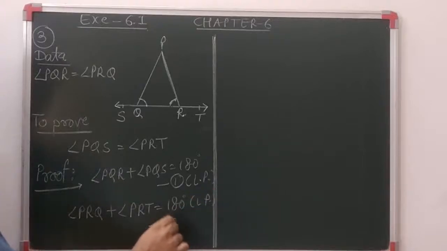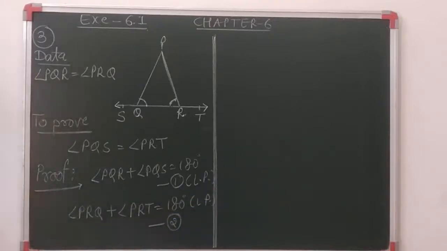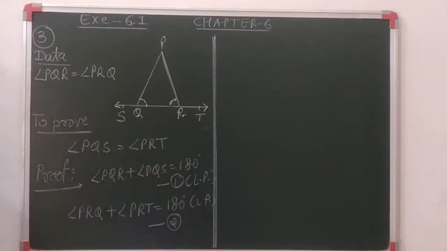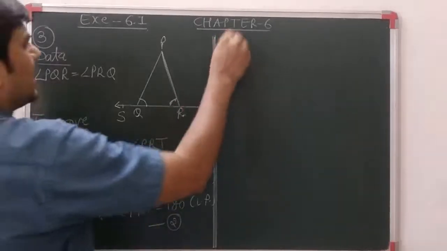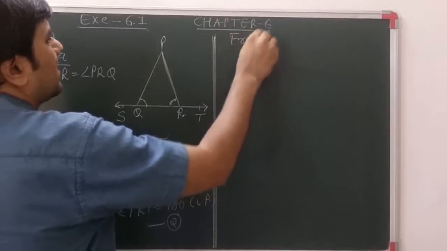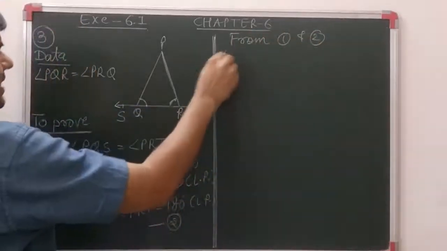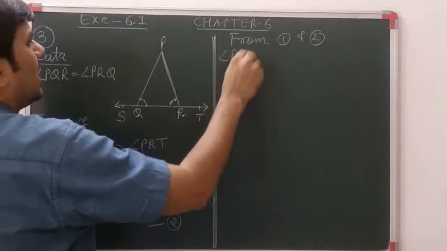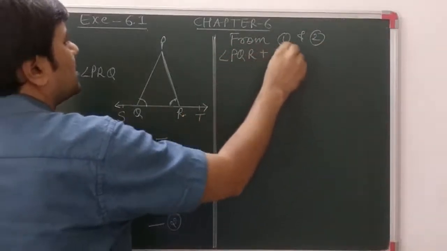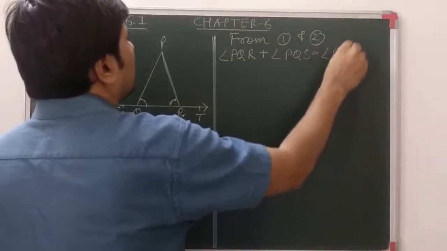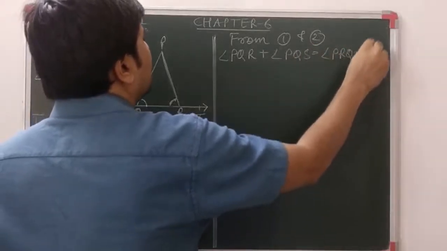I'll call this equation number 2. Look at the right-hand side of both equations. It's 180. So I'll compare the first and second equations. From equations 1 and 2, we can compare the left-hand side: PQR plus PQS is the same as PRQ plus PRT.